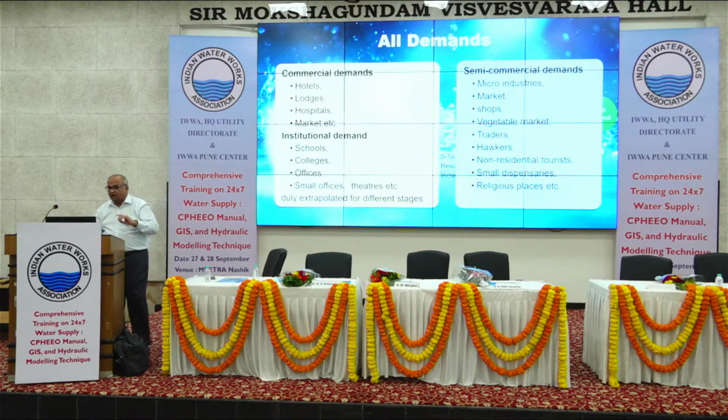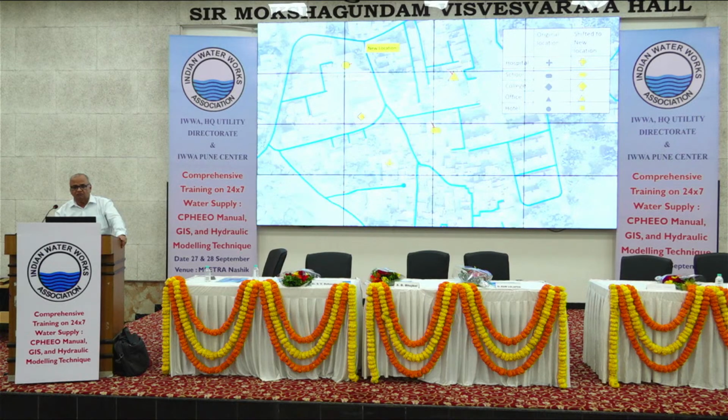And then another important thing which nobody is doing. Now see, suppose this is a hospital, school, etc. It is here somewhere. But are you going to lay the pipeline here? Actually it is done, but if it is done, there will be a large number of nodes in your model, which is not expected.